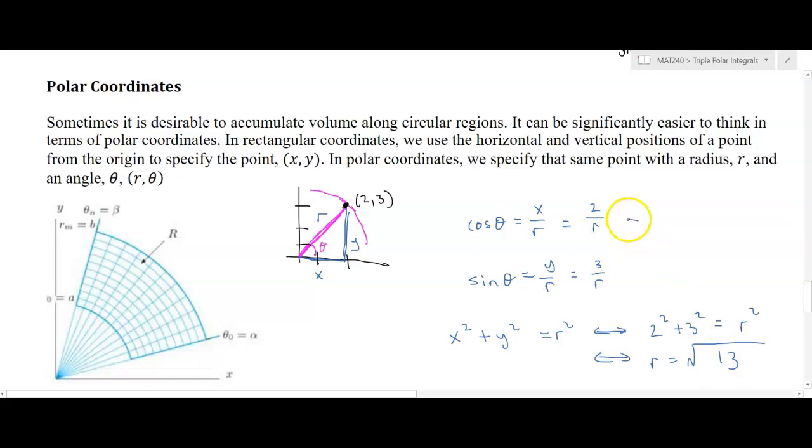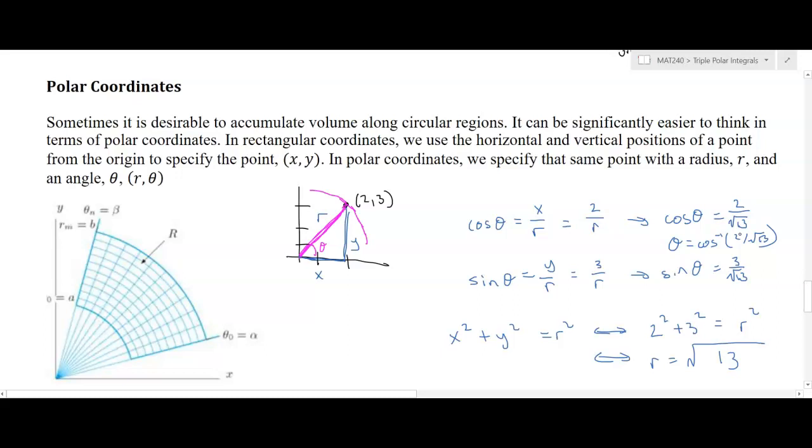And so in this equation now up here, we can solve for theta because now we know that cosine of theta is equal to 2 over the square root of 13, and sine of theta is equal to 3 over the square root of 13. So we can find theta in either one of these two equations by finding the arc cosine of 2 over the square root of 13.